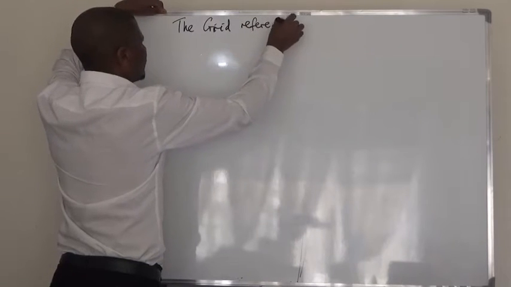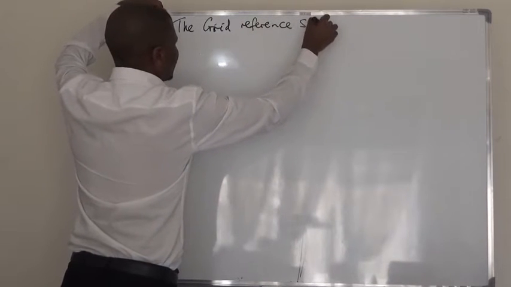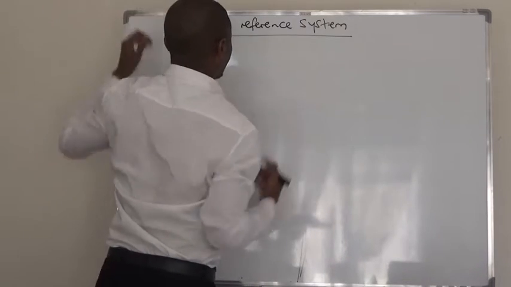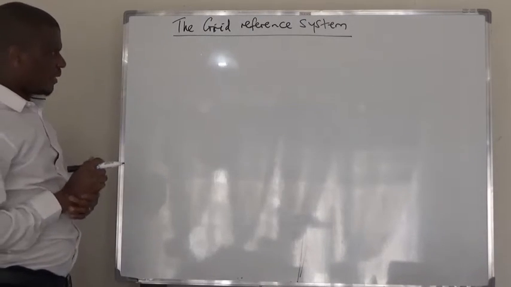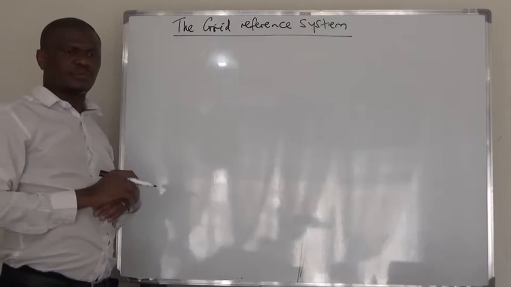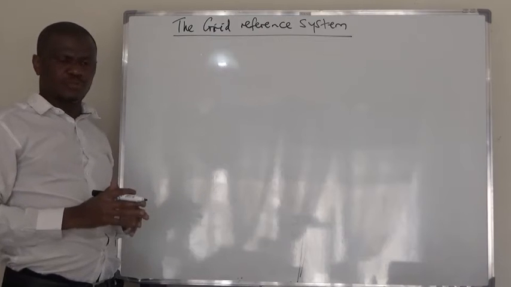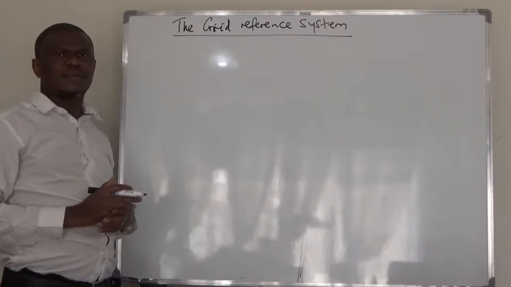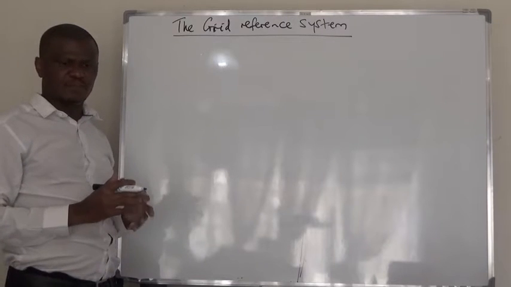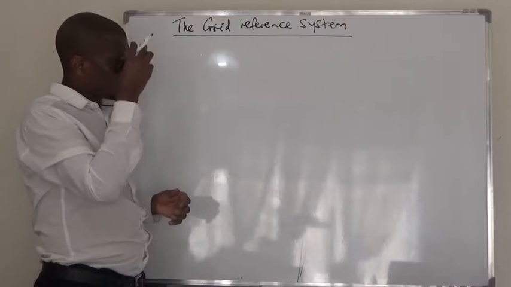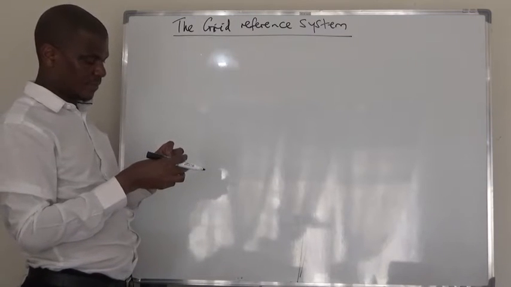I would like us to look at how the absolute position on the surface of the earth is determined and communicated in terms of the grid reference system.